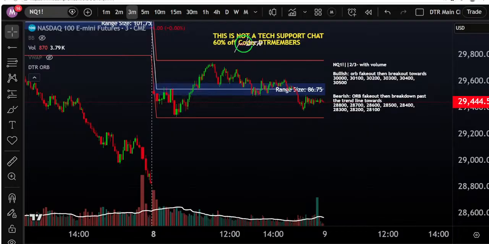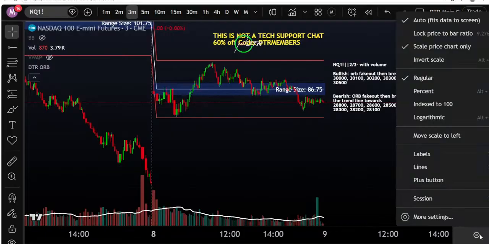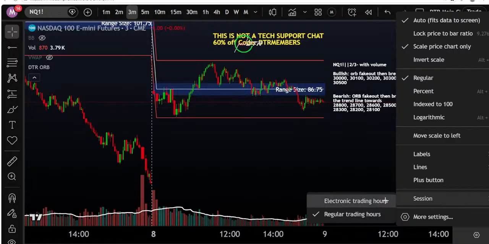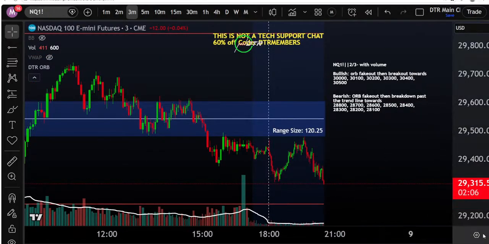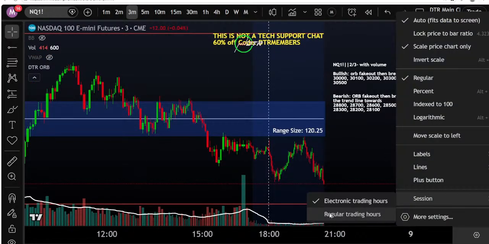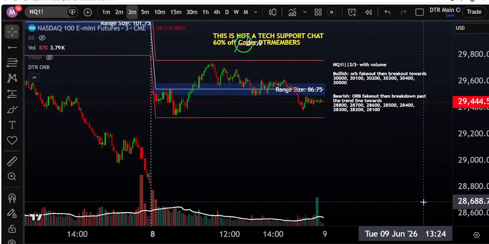That'll make it so that your settings are the same. Now, the only thing that could then be different is if you have your session set as electronic trading hours versus regular trading hours. I have mine set as regular, which means that opening range is calculated from the first candle of the US Open, not the first candle of the overnight open.